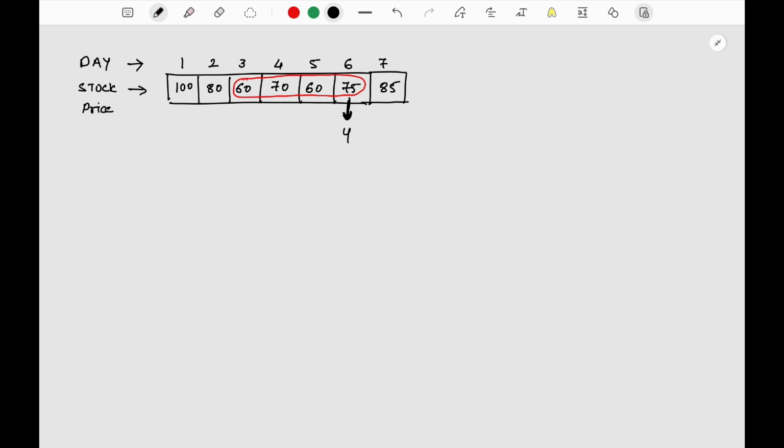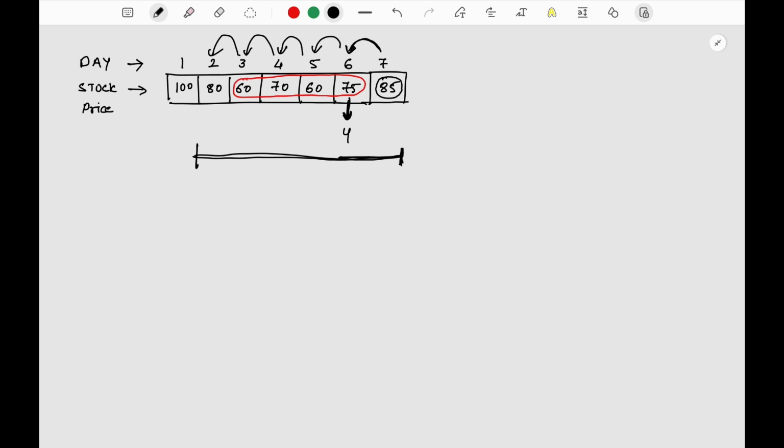And when we have to calculate the span for this stock price 85, we will first compare it with the stock price value at day number 6, which is 75. So it is smaller, so we will include 75 in the span, right? This value will be included. These two values are already included now. Then we will compare with 5, then with 4, then 3, then 2. And the span for 85 will be till day 2.